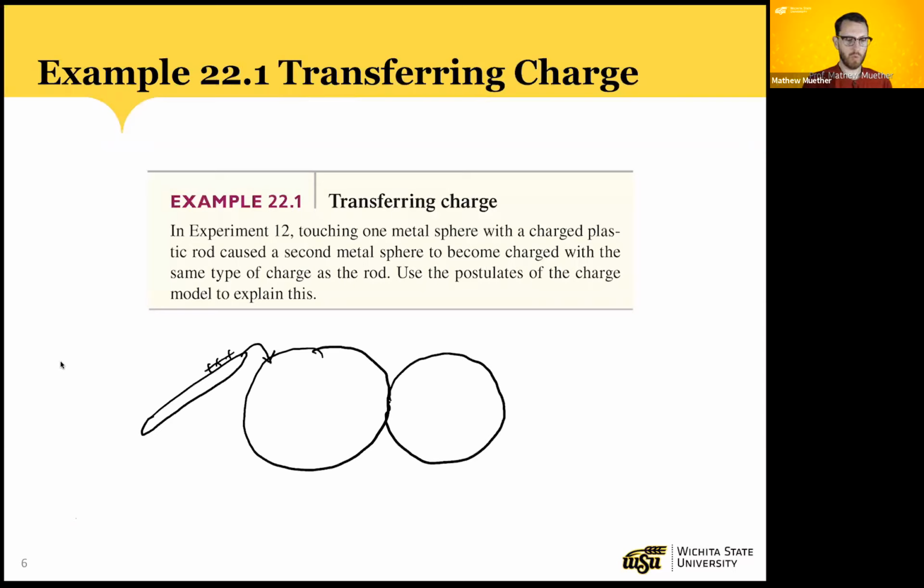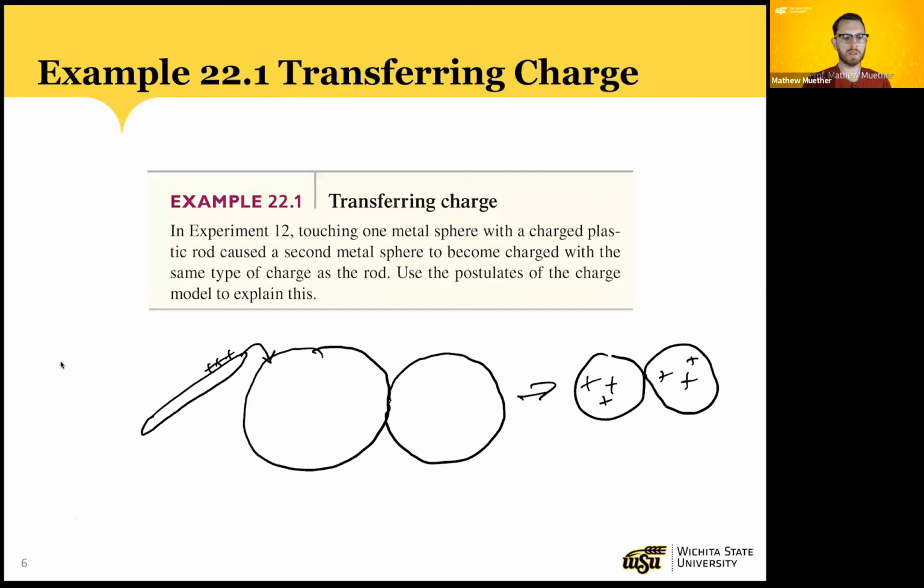And what I observe after I touch that rod to the two spheres is that they are both positively charged. Okay. So what does this tell us about charges and how they play with a conductor?